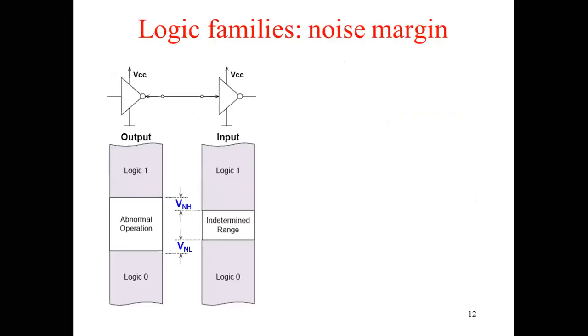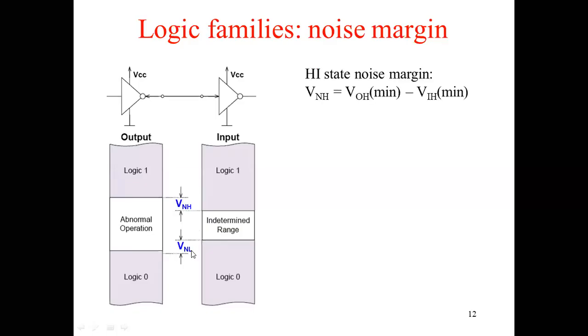The noise margin: we have here VOH, this is VOL, VIH and VIL, and this is your transition period. So the noise margin is between these two boundaries at the high level and between these two boundaries at the low level.